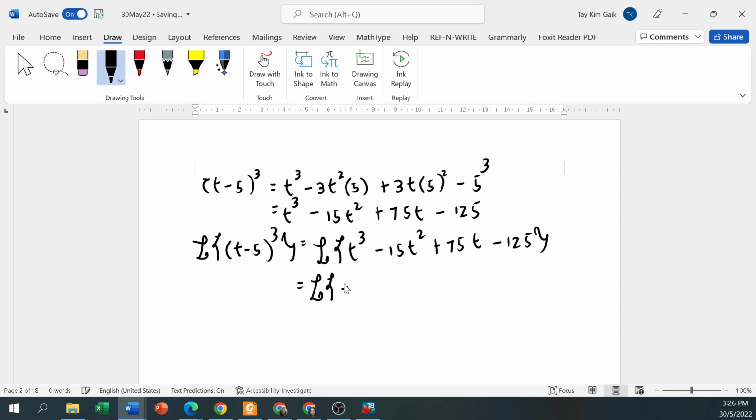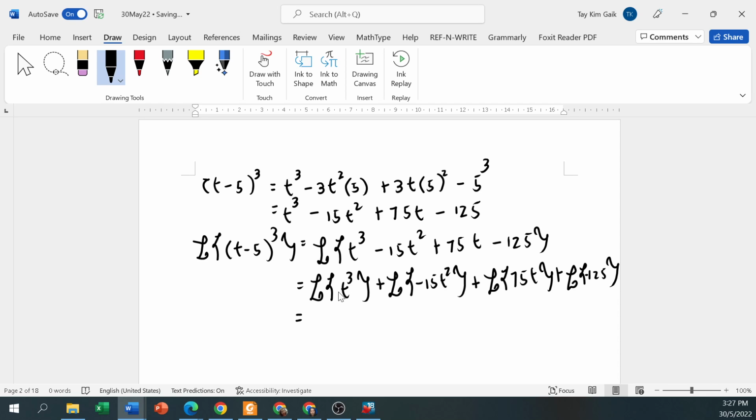So it's the Laplace transform for t cube, added with the Laplace transform for negative 15t squared, plus the Laplace transform for 75t, plus the Laplace transform for negative 125. This is the so-called linearity property. It means that when you have addition or subtraction, you can break the Laplace symbol there.